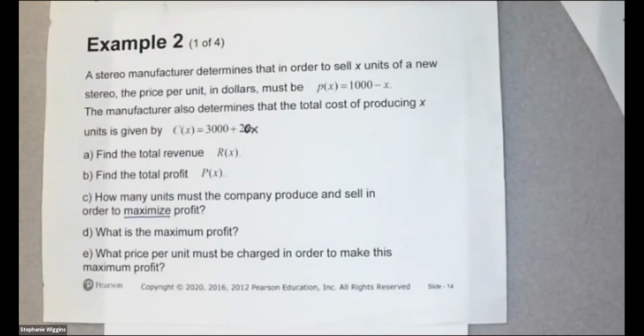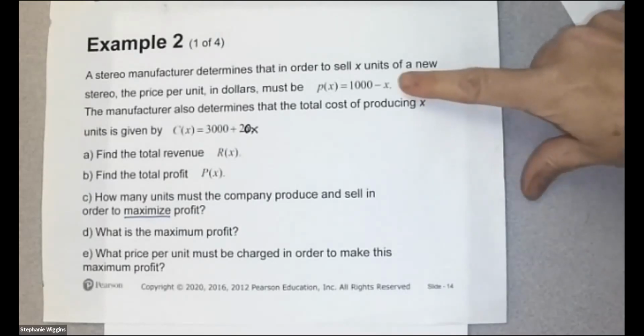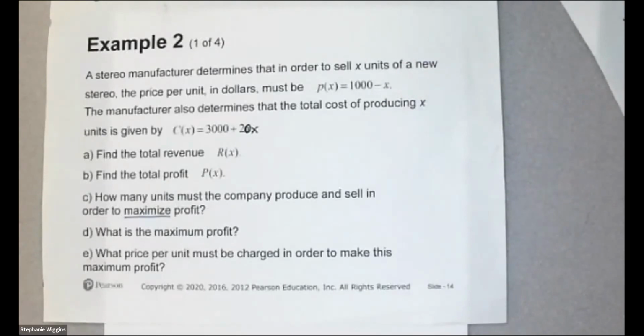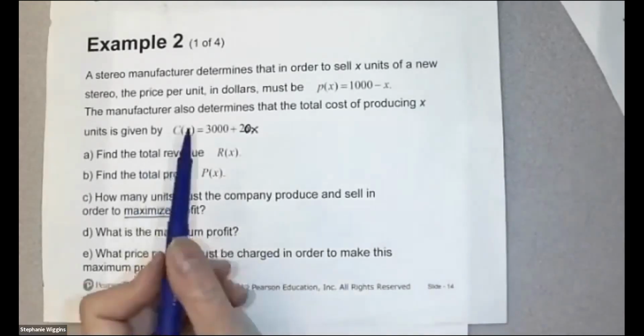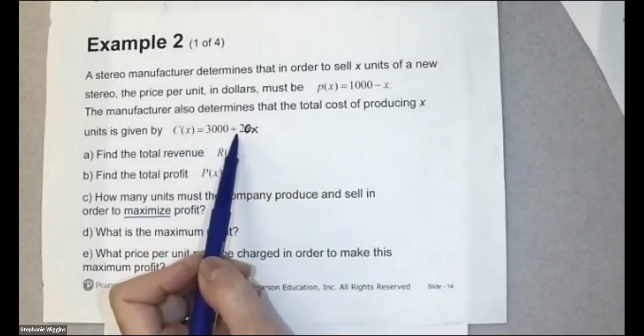So we have a stereo manufacturer determines that in order to sell X units of a new stereo, the price per unit in dollars must be given by this function, P of X equals 1,000 minus X. The little p stands for price. And the manufacturer also determines that the total cost of producing X units is given by the cost function 3,000 plus 20X.